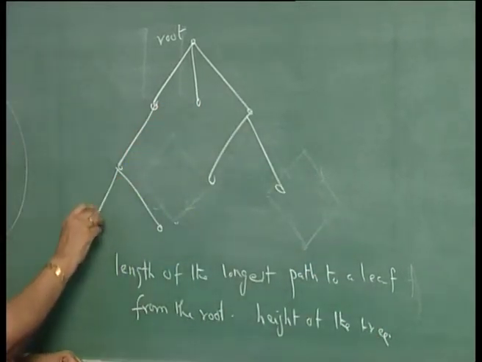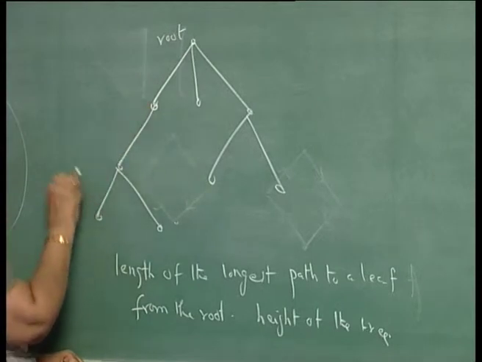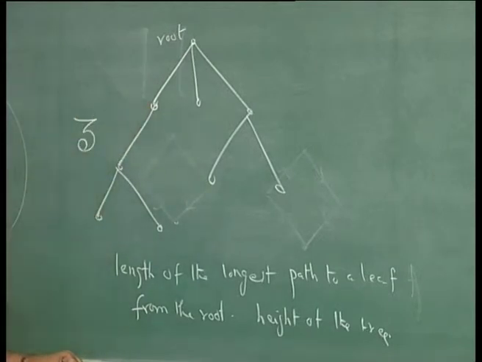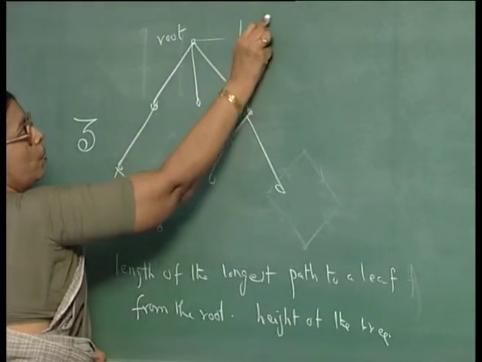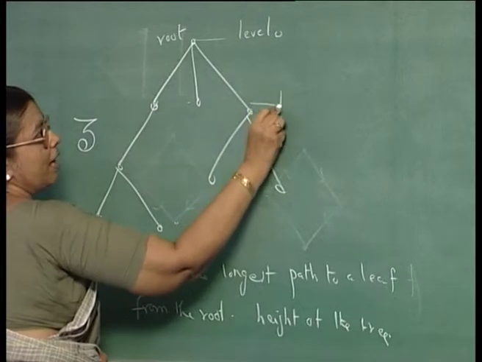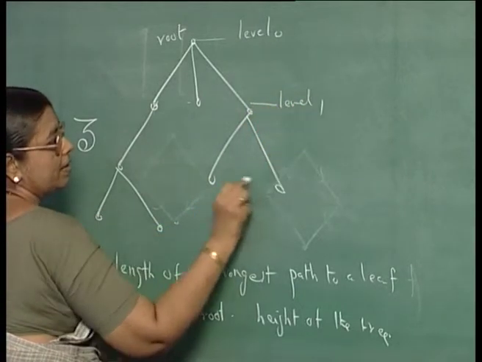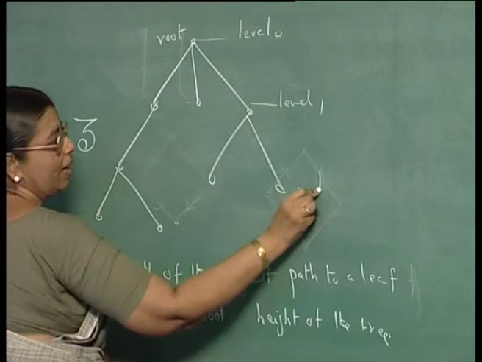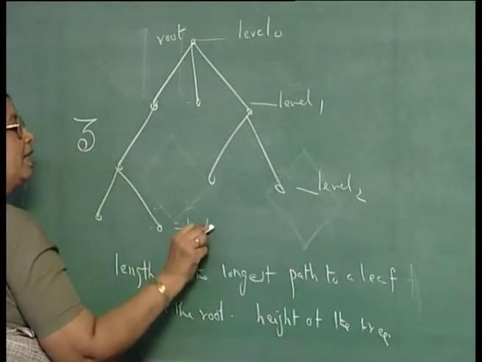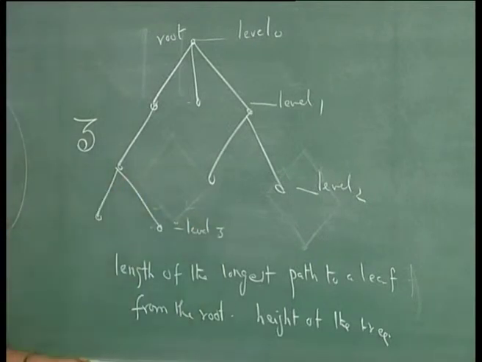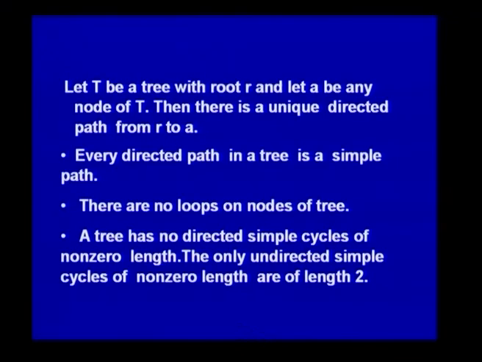So, look at this, the height of this tree is 3. Now, the root is supposed to be at level 0, these 3 nodes are at level 1, these 3 nodes are at level 2, these 2 are at level 3, the height is 3. So, these are some terminologies associated with the tree.